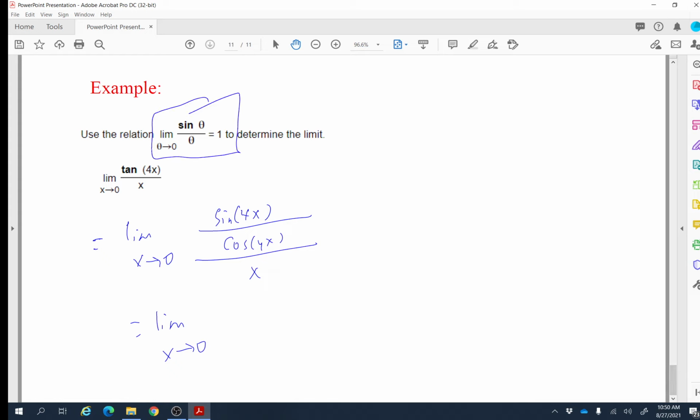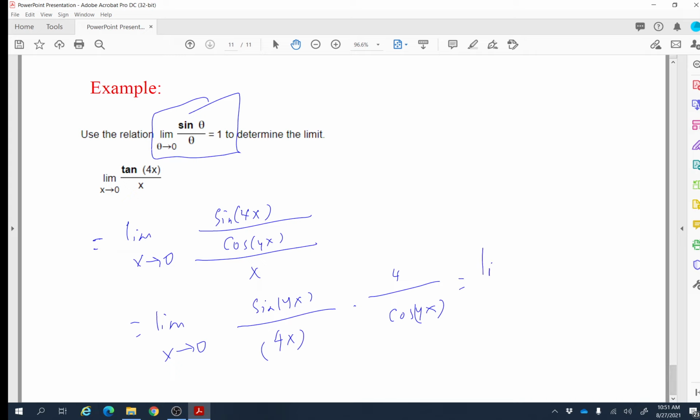I can rewrite this problem as sine 4x over 4x, and I need to balance this 4, so I'm going to just put 4 here, cosine 4x. So I can cancel this 4 and 4. So when x approaches 0, this 4x also approaches 0. So I can apply this limit to both of these fractions.